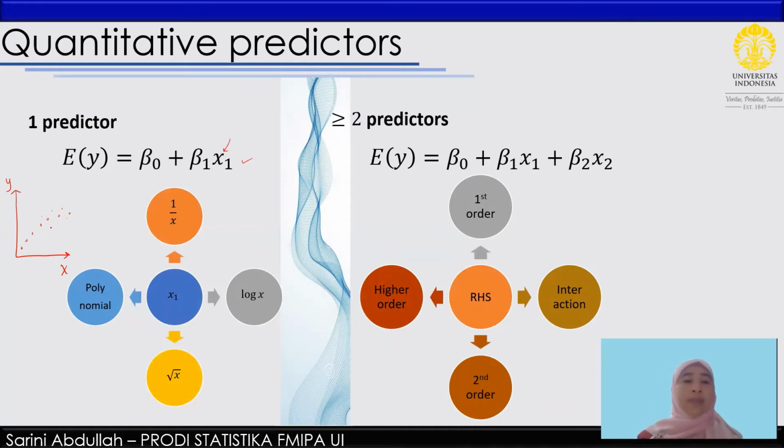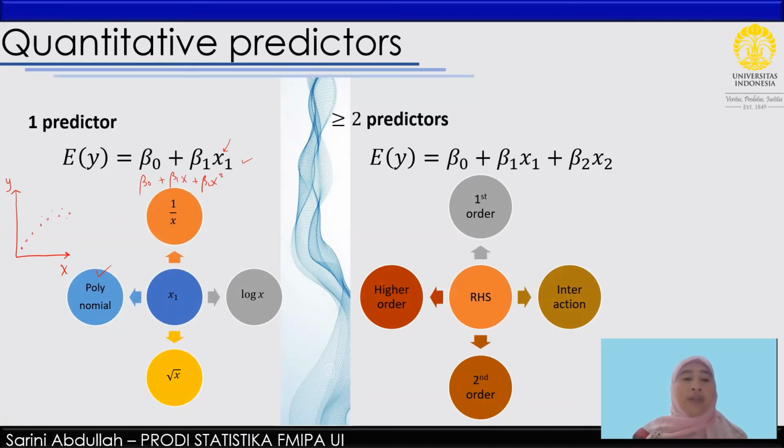And in that case, probably we need to consider a polynomial model, and because it's a curvature, we need a polynomial of second order. So instead of having something like this, the one that we need to put in the model should be beta naught plus beta 1 x plus beta 2 x squared, something like that.